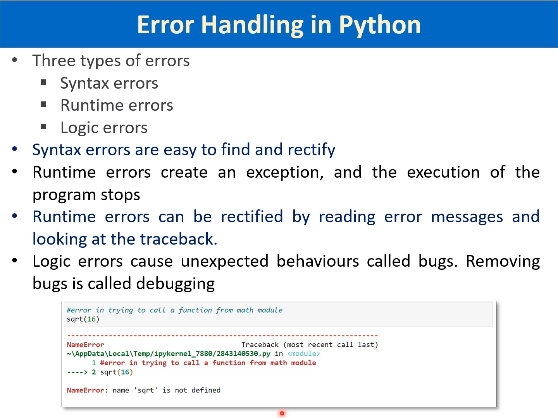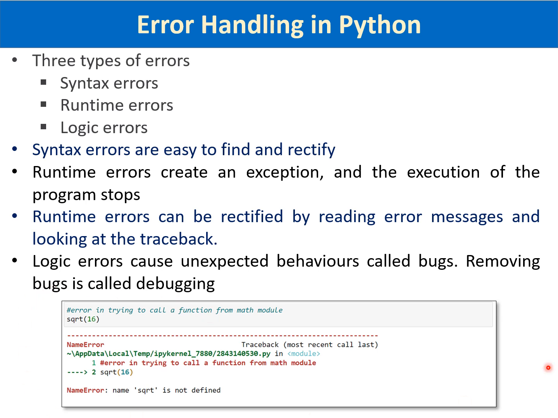Practicing the reading of error messages and understanding their contents becomes very important to trace the error. Error handling in Python is relatively easier than with many other programming languages.